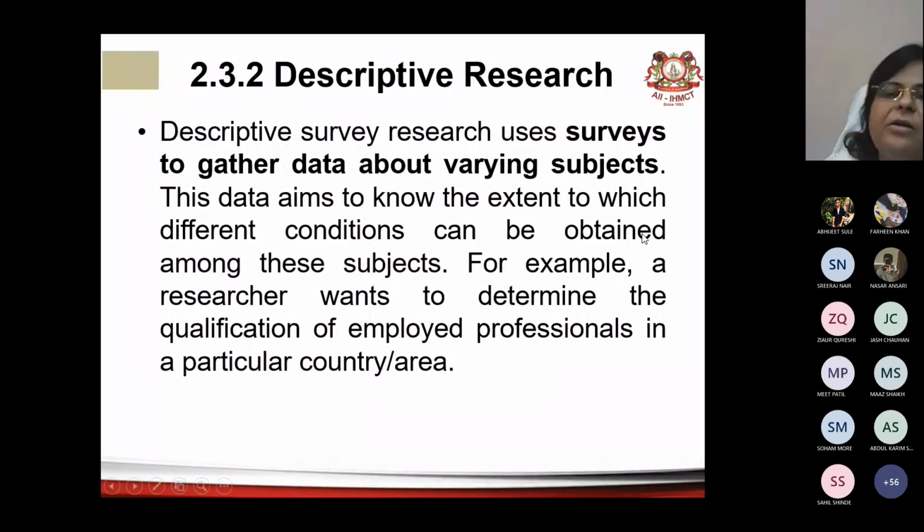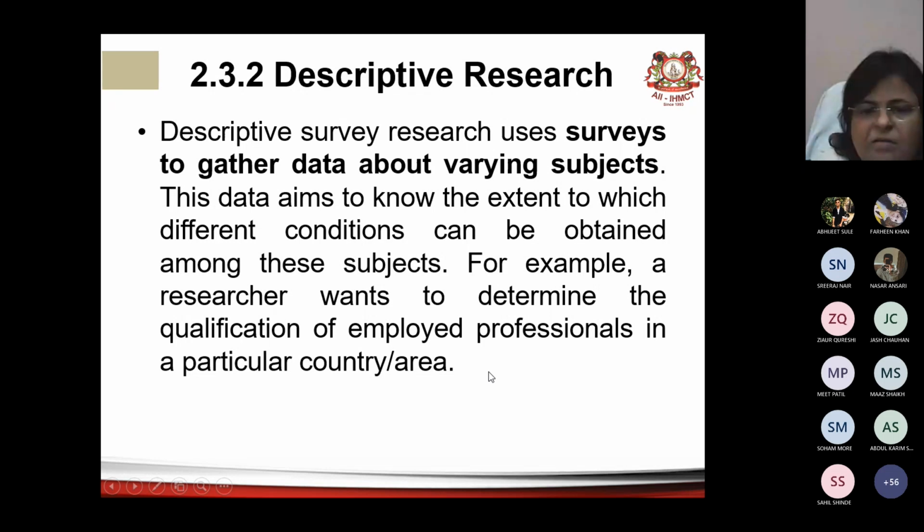Descriptive survey research uses surveys to gather data about varying subjects. This data aims to know the extent to which different conditions can be obtained among these subjects. For example, a researcher wants to determine the qualification of employed professionals in a particular country or area.